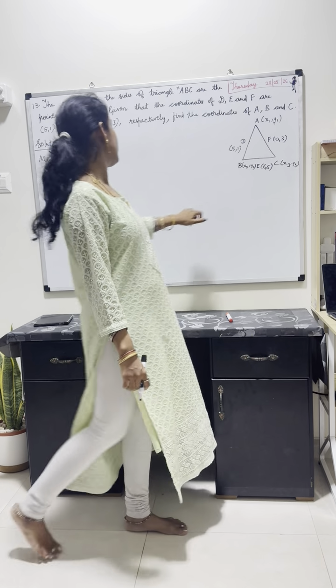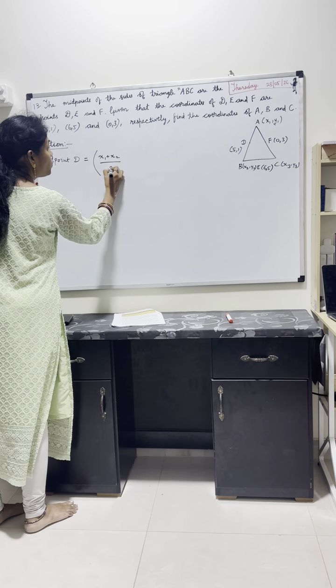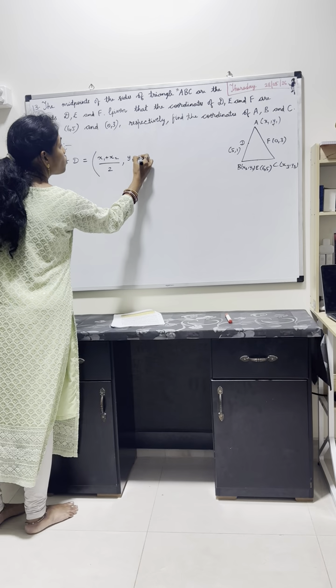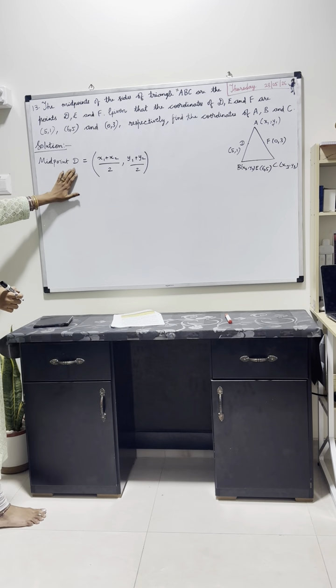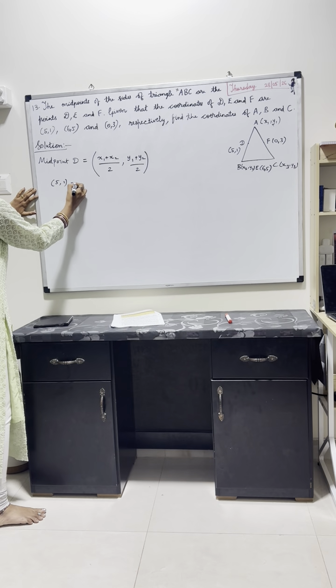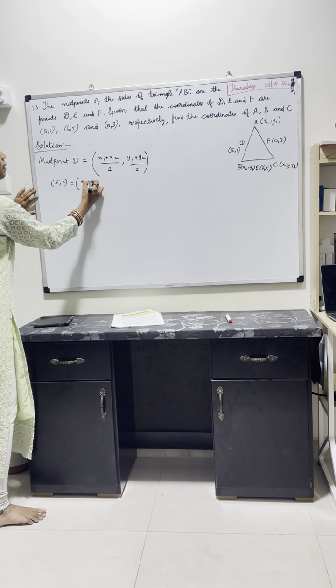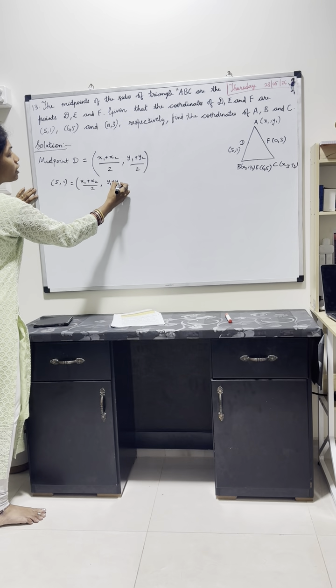In this case it is x1 plus x2 divided by 2, y1 plus y2 divided by 2. And you know the coordinates of D as well. What are the coordinates of D? 5, 1. This is x1 plus x2 divided by 2, y1 plus y2 divided by 2.